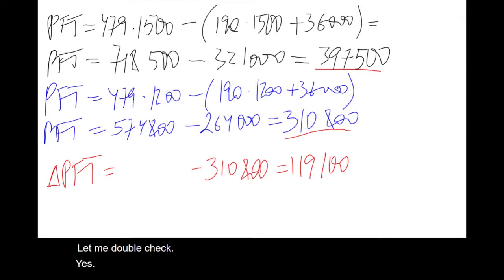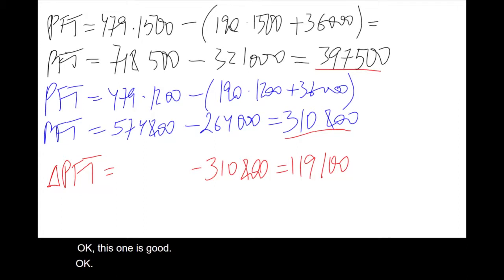Yes. 718,500 minus 397,500 is what? 321,000. So what about this one? 190 times 1,200 plus 36,000 is 264,000. Okay, this one is good.